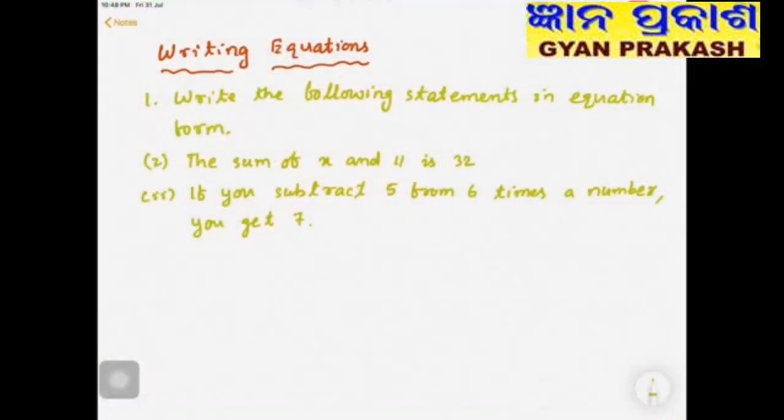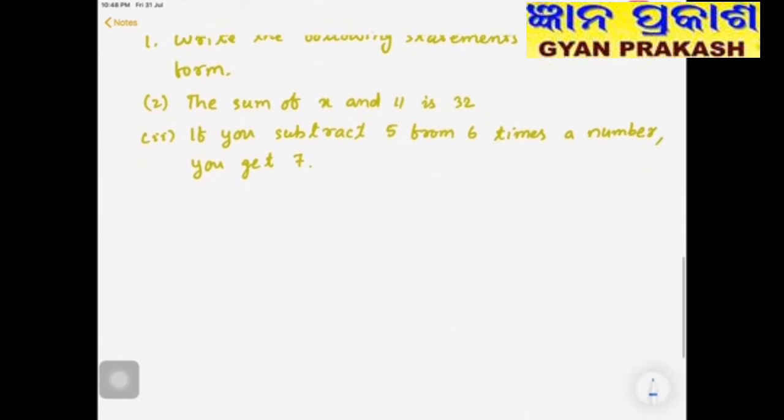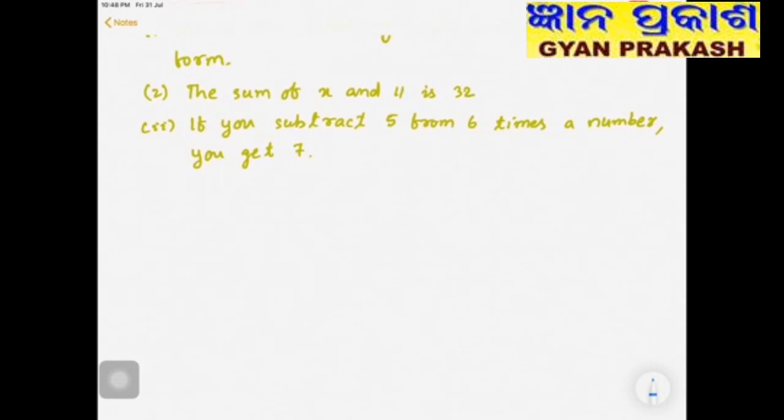Now let us see how to write an equation. How can we change a statement which is given? That means we are given a word problem and we shall change it into equation form. Write the following statements in equation form. Number 1. The sum of x and 11 is 32.